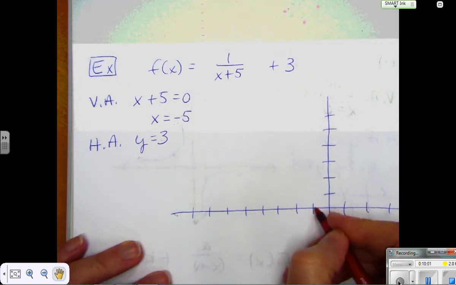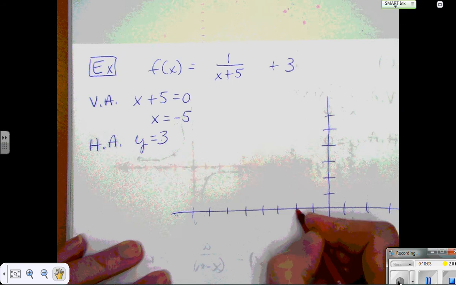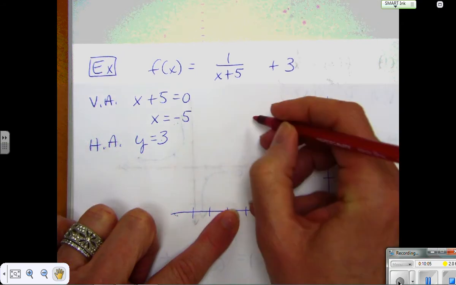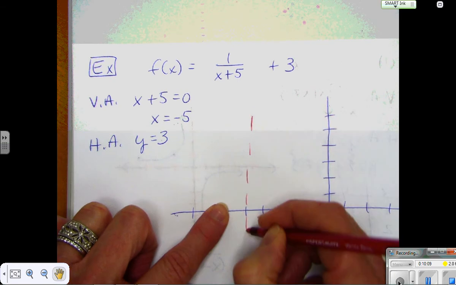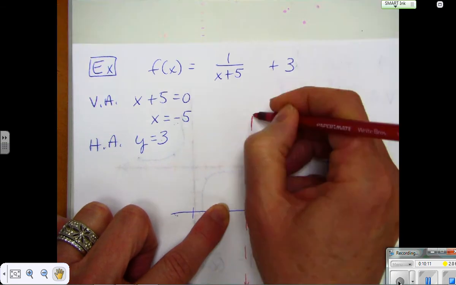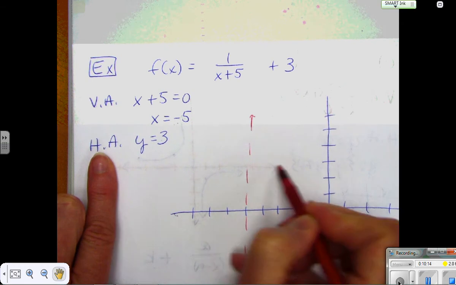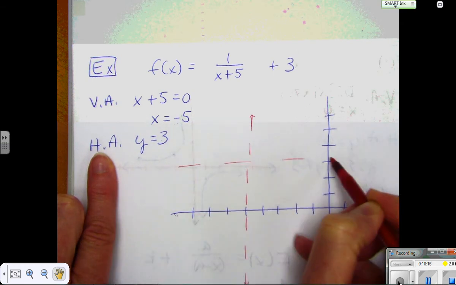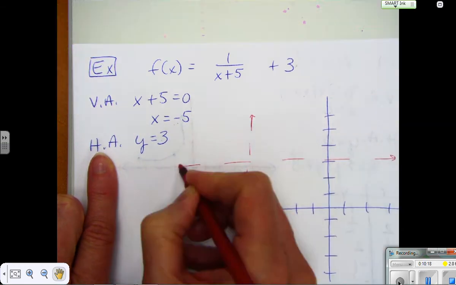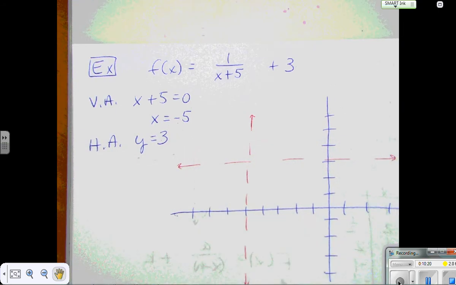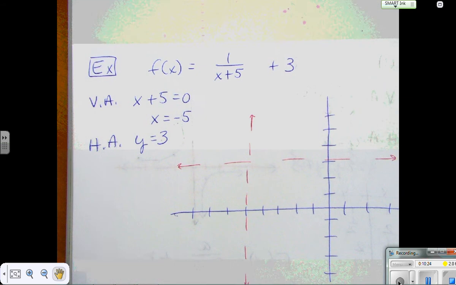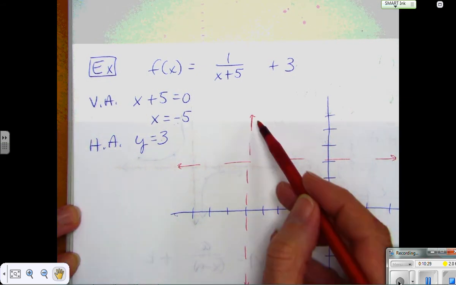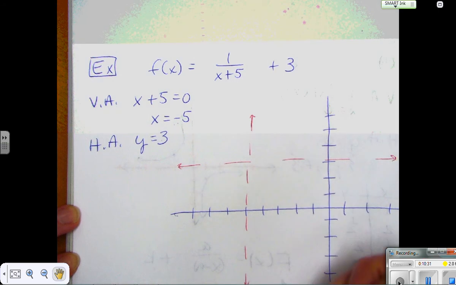Okay, so negative 5. There's the vertical asymptote. And then positive 3. Okay, so really I just need to know where the graphs are going to start. And then I can use these asymptotes as guidelines to draw my curves.